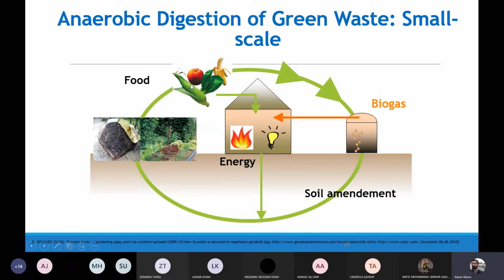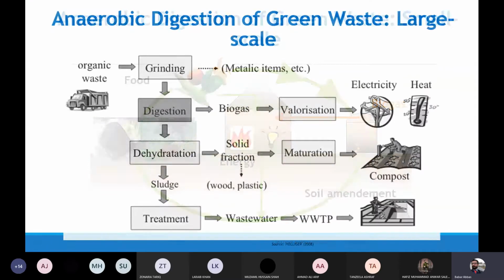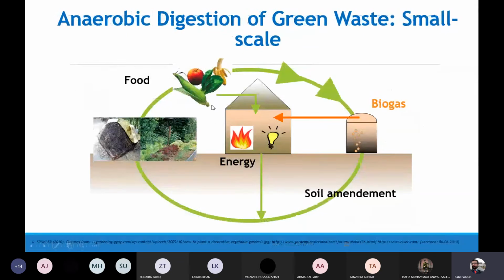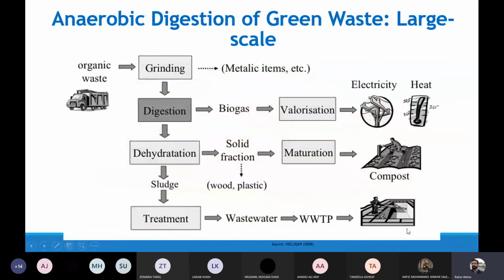So it's a cyclic activity, and it would be a sustainable system on smaller scales as well as larger scales. On a smaller scale, you would have the energy for utilization at household level, while at the large scale you can utilize all those energy sources as a major source of electricity or heat.